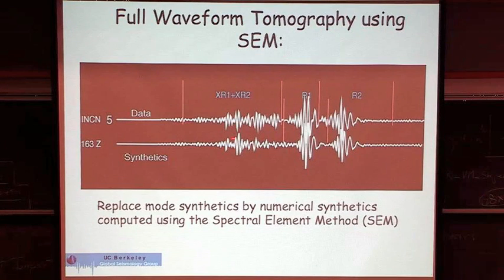Previously, those synthetics that we used for our models were based on normal-mode perturbation theory, which makes a lot of assumptions about the smoothness of the lateral heterogeneity. You have to have smooth heterogeneity for it to work. With the numerical methods, all of these assumptions on what kind of heterogeneity you are computing your synthetics through are removed, so you can compute very accurate synthetics.